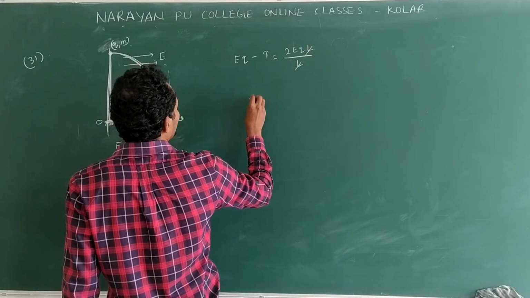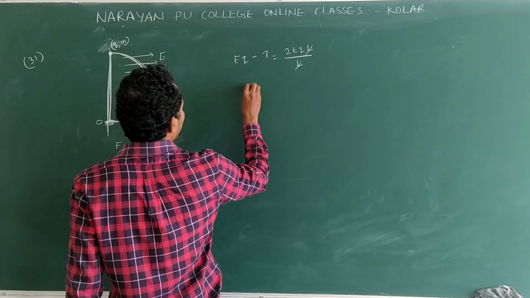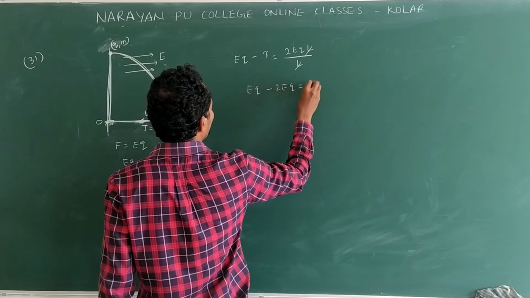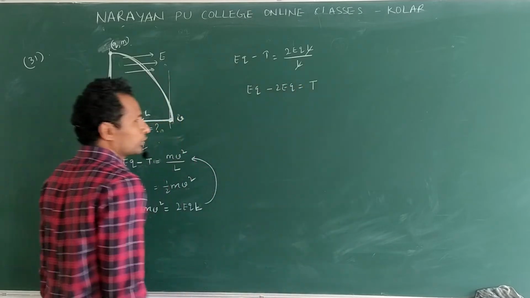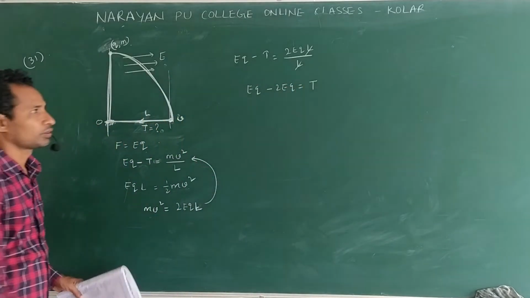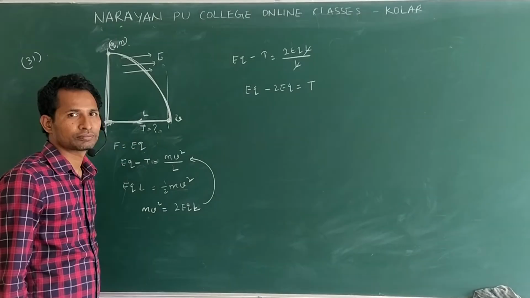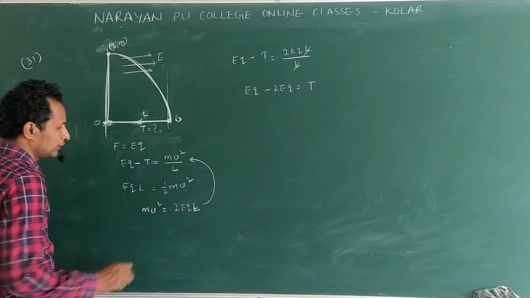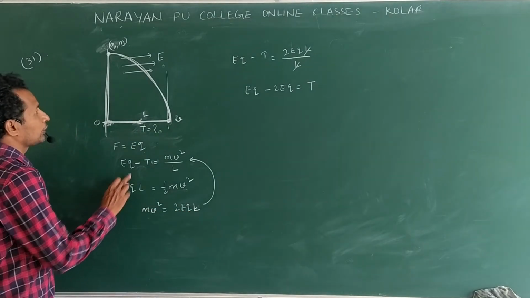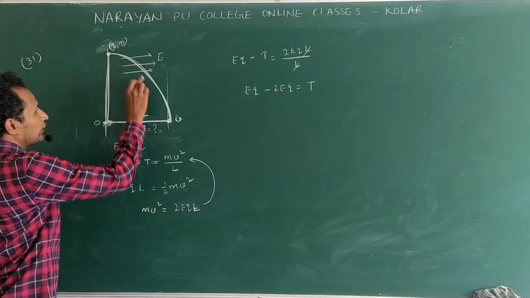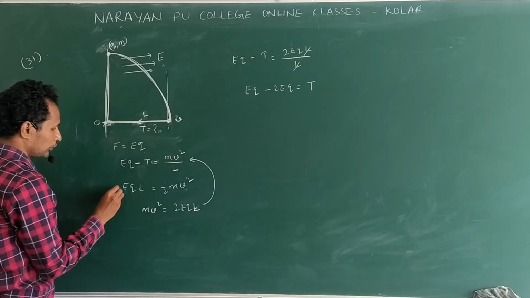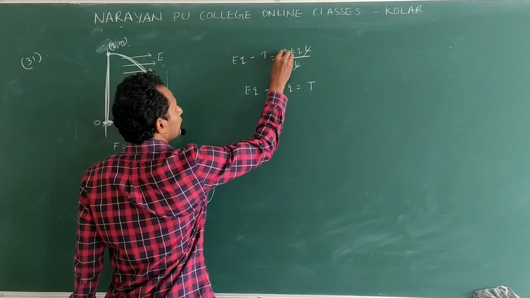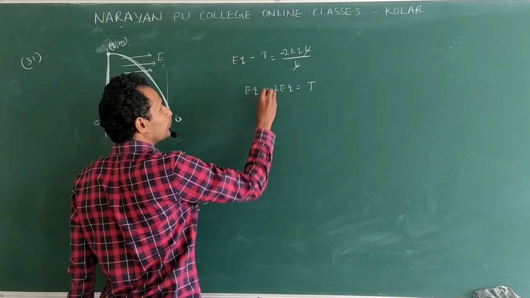So EQ minus 2EQ is equal to T. Here we missed one concept: work done is negative, so minus and minus becomes plus.